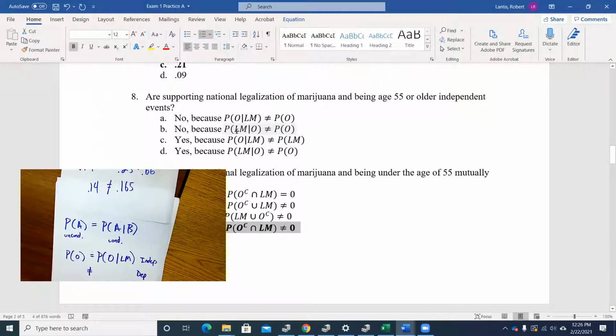Well, here I'm comparing the probability of LM to the probability of O. That doesn't make any sense. I have to be comparing the conditional and the unconditional probability of the same event. So right away we could rule out B. Here, same thing. We're comparing two different events. That doesn't make any sense. And then down here, we're comparing two different events. We actually can rule out every single answer here without even checking with the numbers.